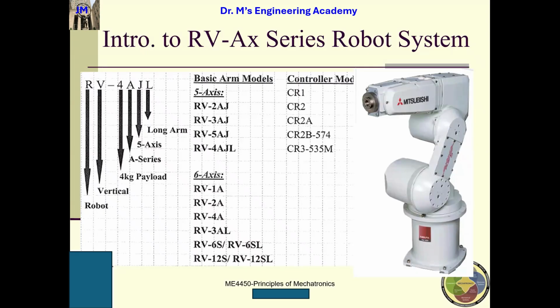Then I have the elbow, and then the wrist. And finally I have these fingers. But the robot is just mimicking our human body; it cannot be perfectly the same. So this robot has only 5 axes. Five axes means it has the waist axis, shoulder, elbow, and wrist. So this is the wrist.